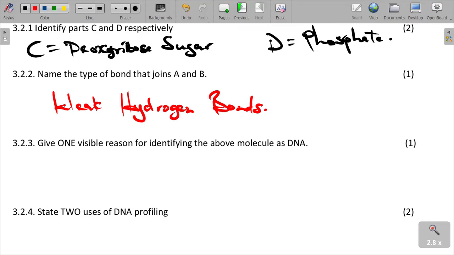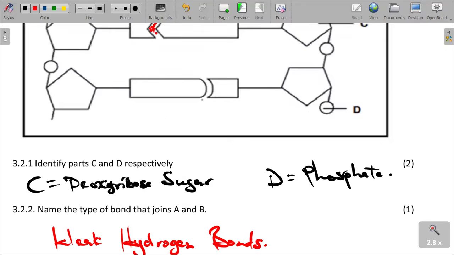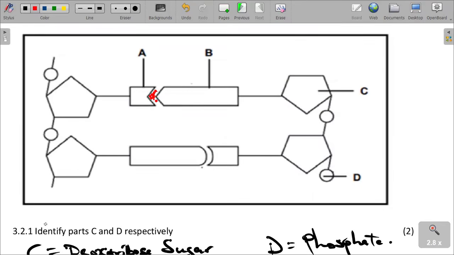And then the next question is saying give one visible reason for identifying the above molecule as DNA. What identifies DNA? As you can see, it is actually a double-stranded molecule.